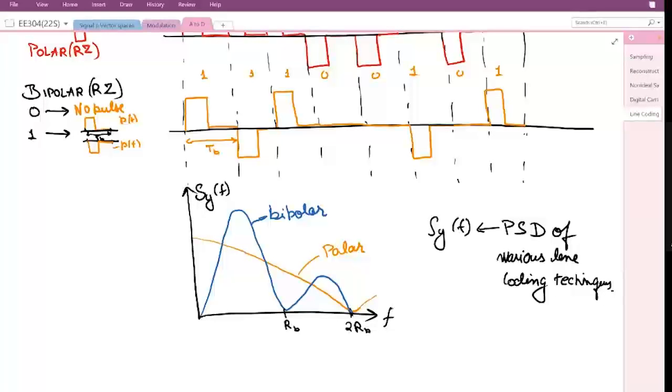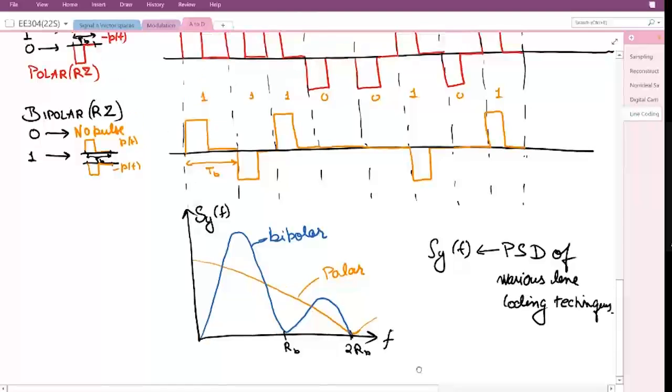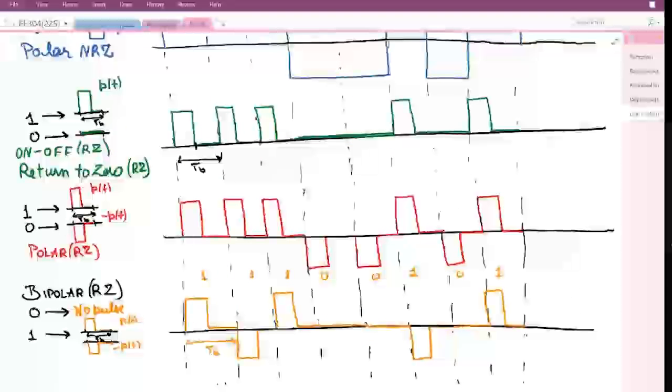So another important aspect that we have to look into is the total power, sorry, not the power, the energy in these cases. If I see the energy in the case where we are considering on-off versus polar, what is the energy?